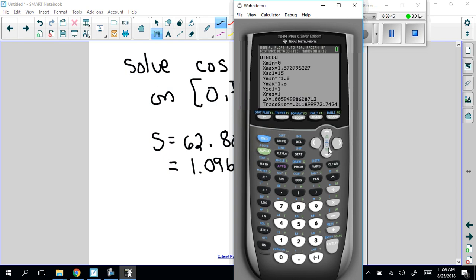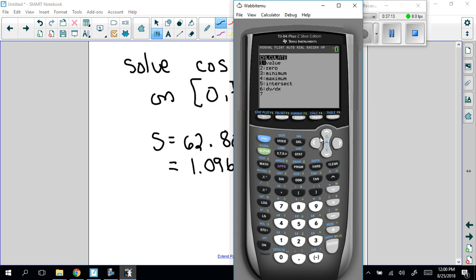Now we know 30 degrees is pi over 6, so pi over 12 is the perfect tick in radian world. And then the minus 1.5 to 1.5 is great. Graph. See, the graph is exactly the same. You just got to get used to resetting your windows, all your ticks and your units. And then we're going to find that it intersects.